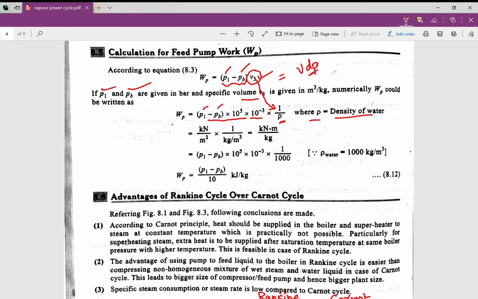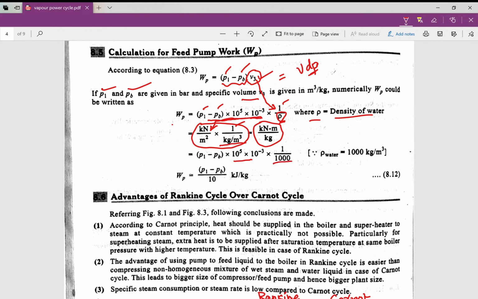So it is converted into kilo Newton per meter square. The density of water has units of kg per meter cube, right? So all together with these units, finally it comes out as kilo Newton meter per kg. Now you put in the numerical values like this.